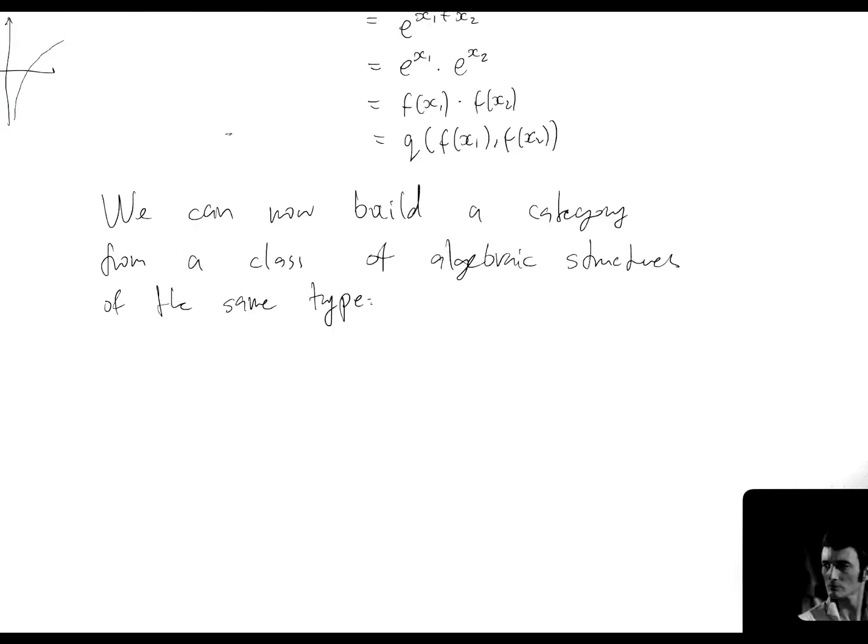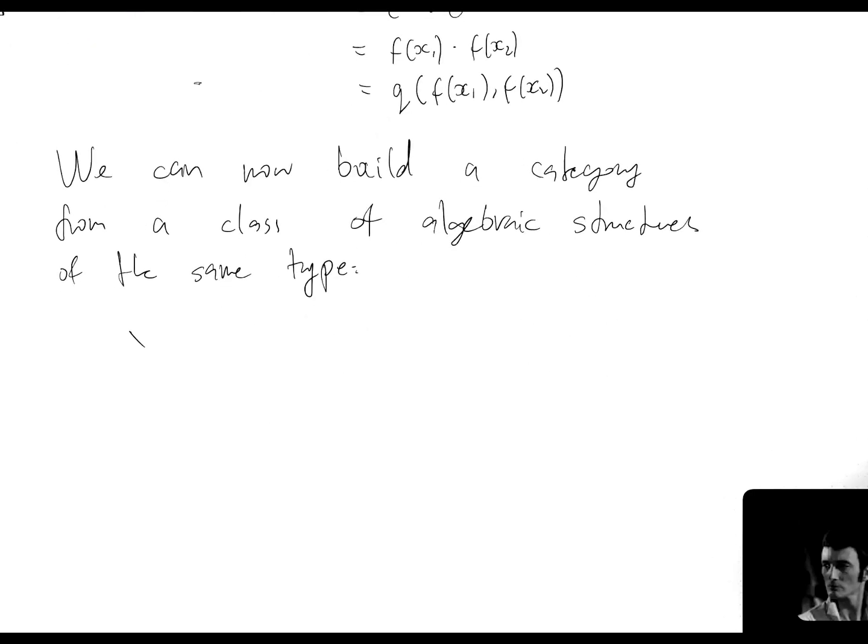How do we build a category? Objects are these algebraic structures.